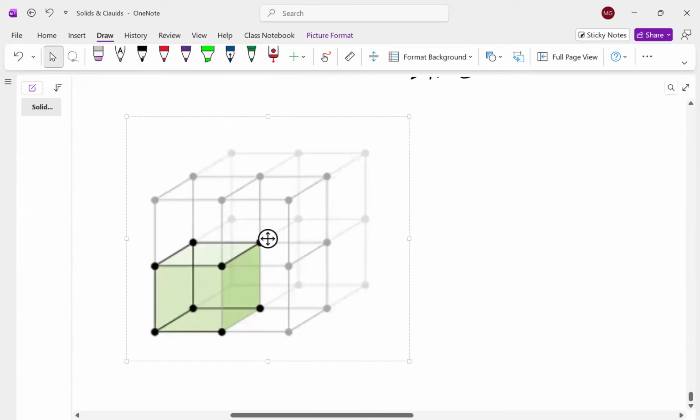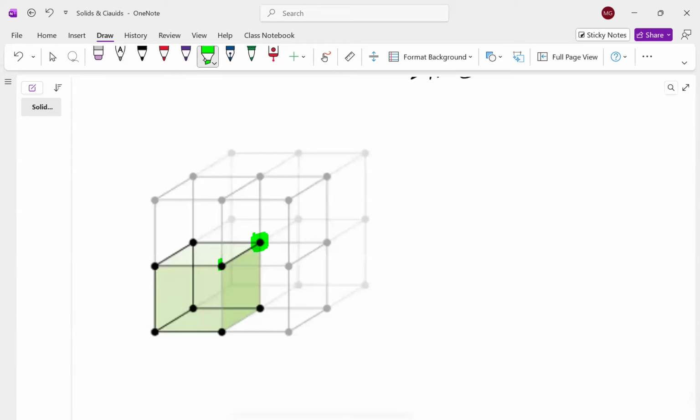What I want you to do is look at this atom right here. How many atoms is it touching? Well, it's touching this one here. I'll use a different color. One, and then it's touching this atom, two, and this atom, three.